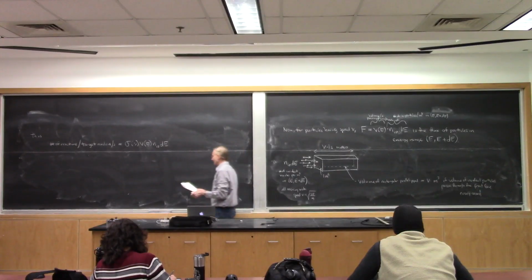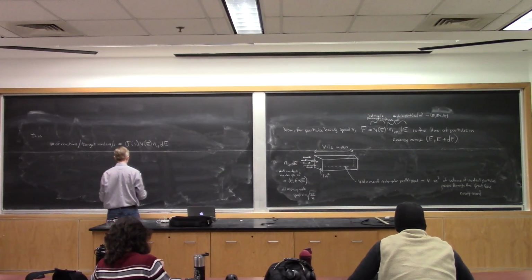So sigma V N_i dE is the number of reactions per target nucleus per second.